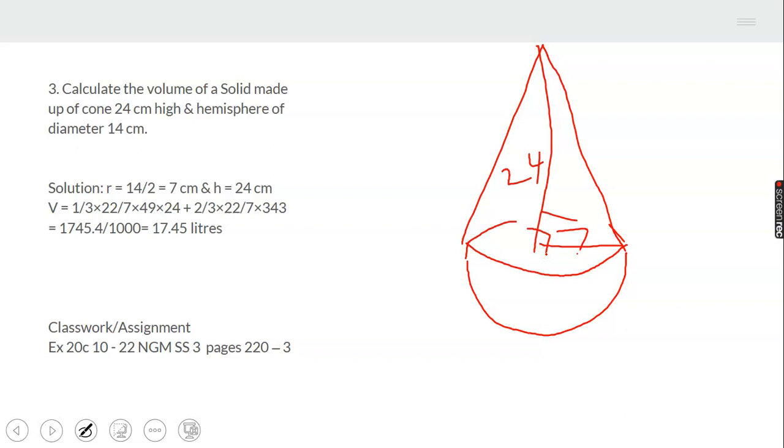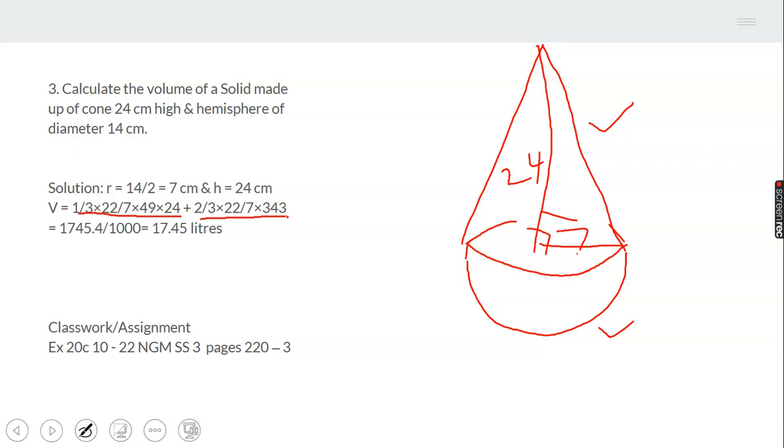So the volume of the entire shape is the volume of cone plus the volume of the hemisphere. We know that the volume of cone will be 1/3 times 22/7 times the radius square, which will be 49, times the height, which is 24, plus that of the hemisphere, 2/3 times 22/7 times r cube.